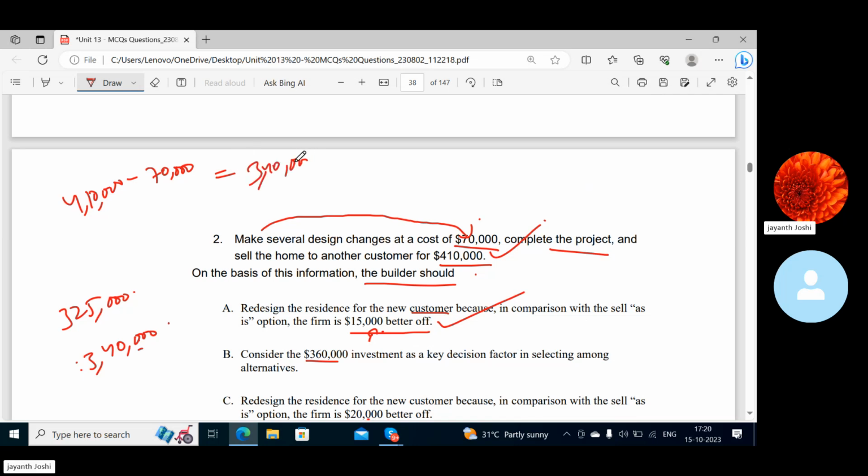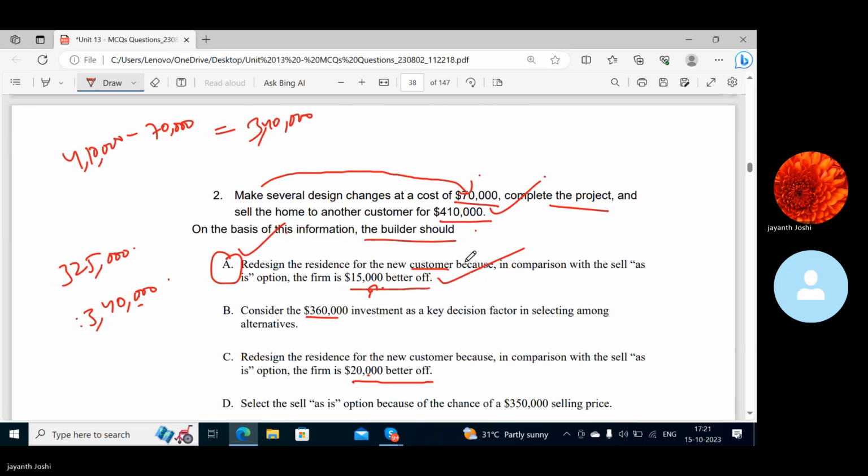That's what I'm getting, right? Extra 15,000. So can I opt for this option? Either I make changes and redesign, I'm getting 15,000 extra, right?